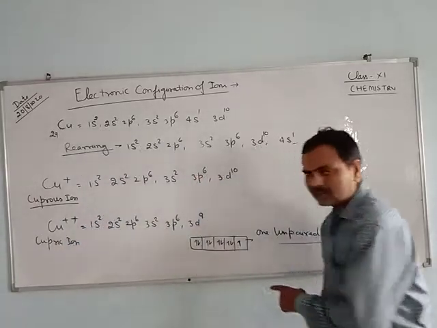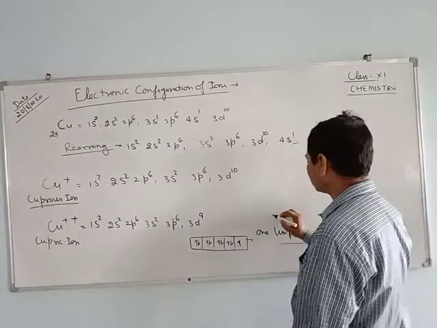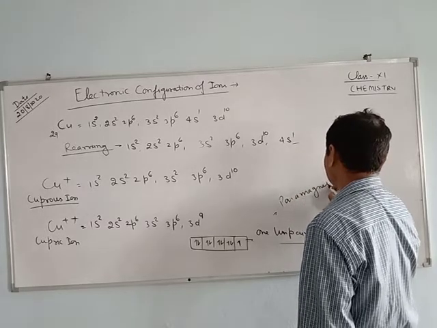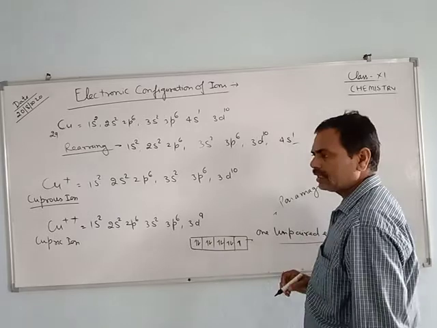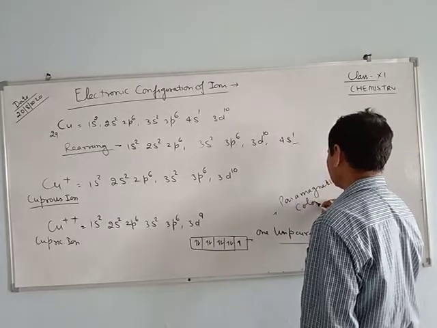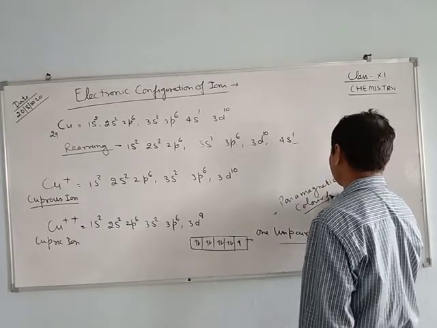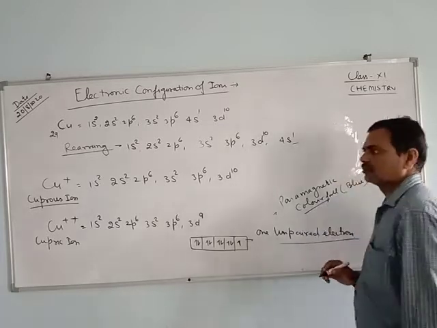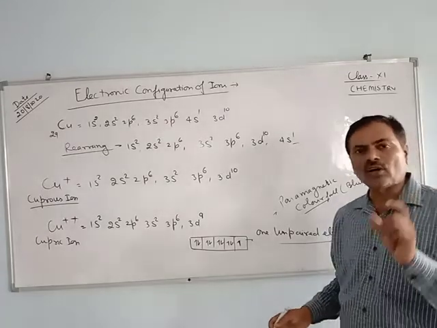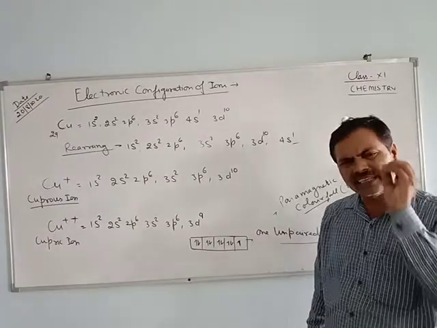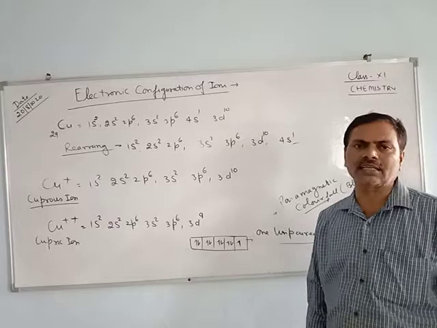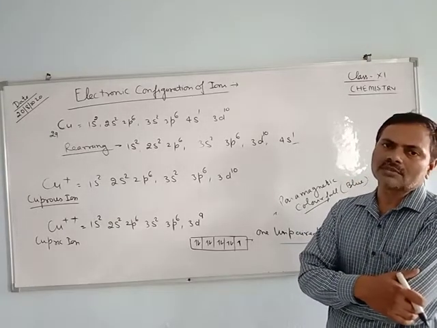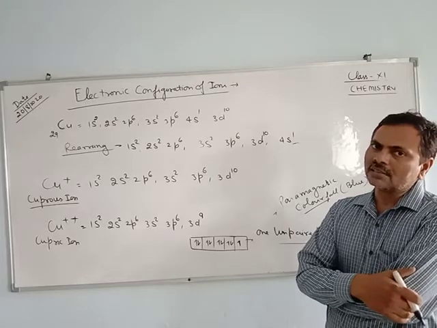Since the cupric ion has one unpaired electron, it is paramagnetic in nature, and it is colorful. It is blue in color. If the d orbital contains unpaired electrons, it will be paramagnetic and colored.